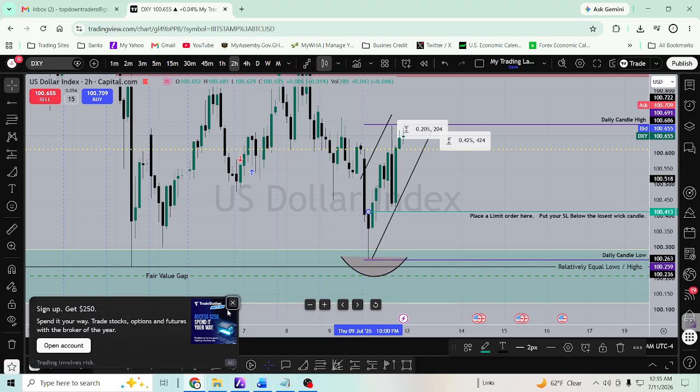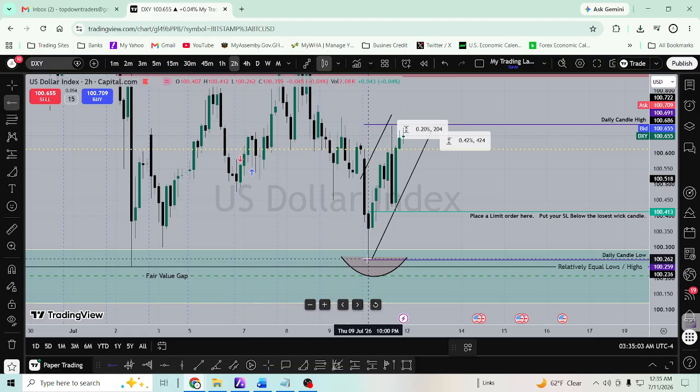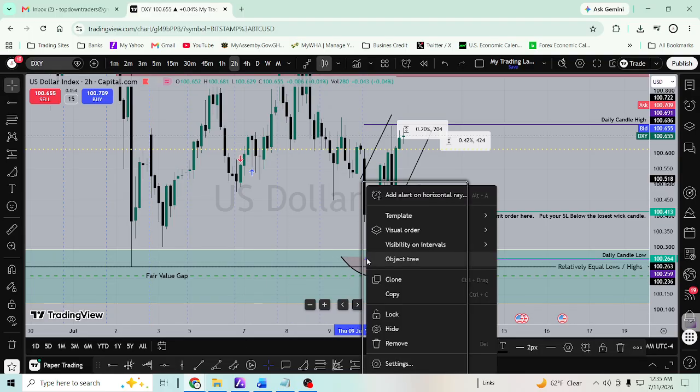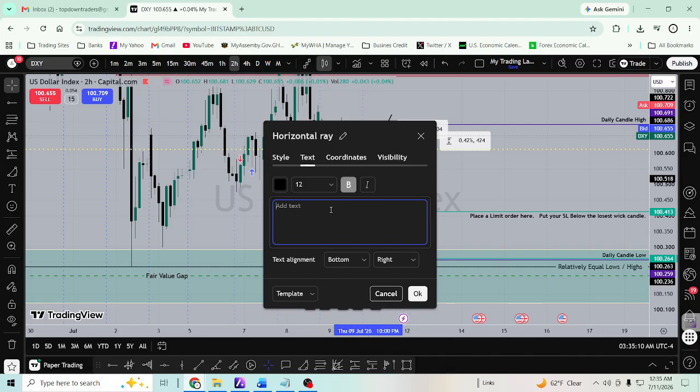So get into a habit of marking up your charts. And what helped me to learn faster was me creating all these templates. So this would be, we call it sell side liquidity, SSL.